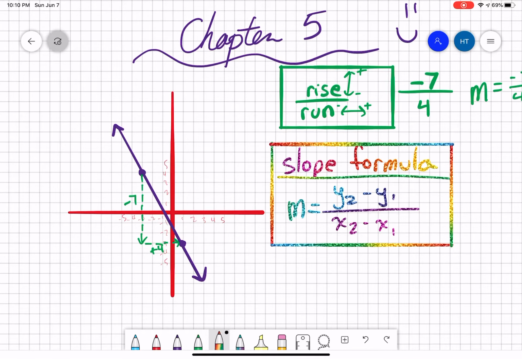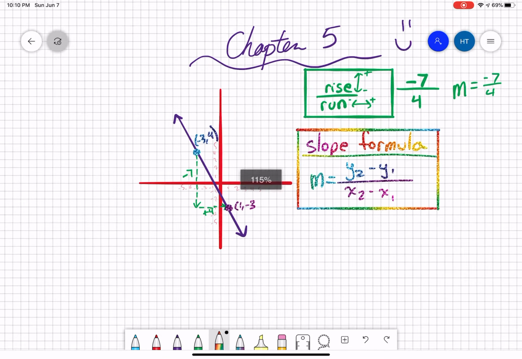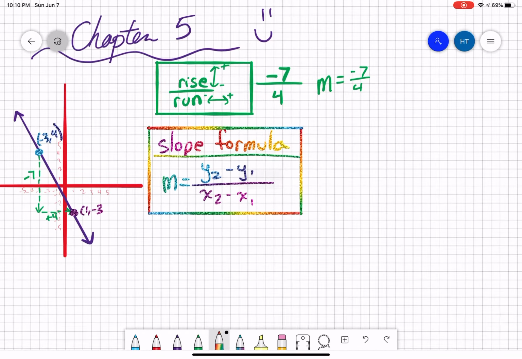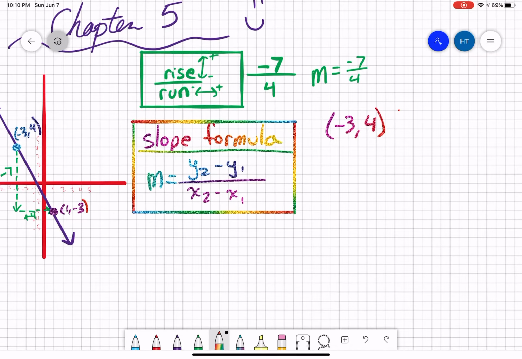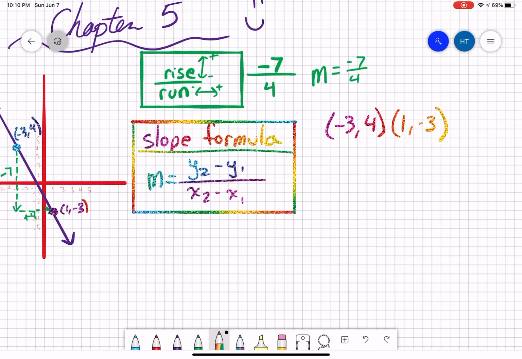So if this point at the top is -3, 4, and this one that I have on the line is 1, -3. So right now I have these 2 points. I have -3, 4, and I have 1, -3.